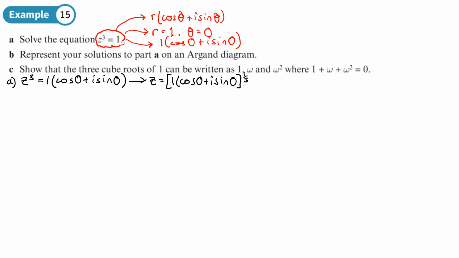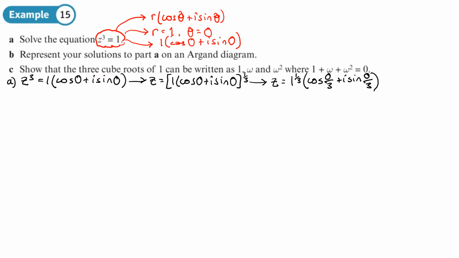Using De Moivre's theorem, we can take the cube root of the modulus and multiply the argument by a third, which is the same as dividing it by 3.